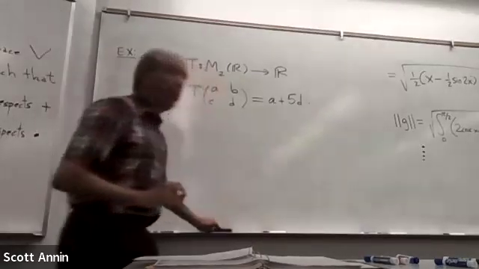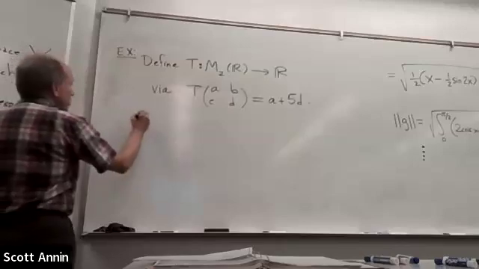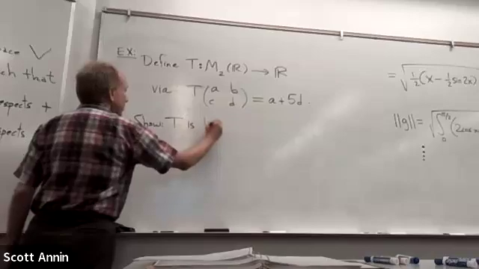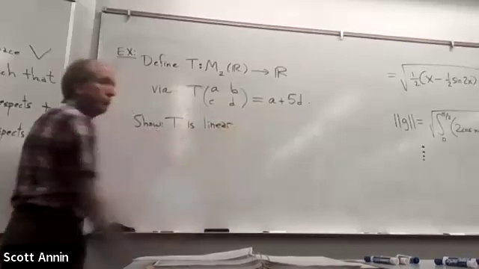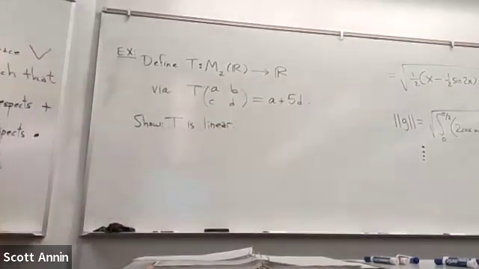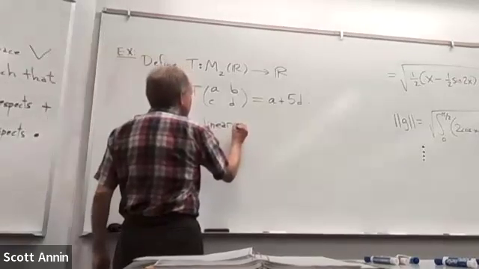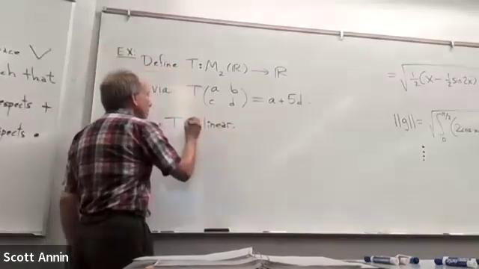And so what I could ask you here is to show that T is linear. When I say linear, that just means linear transformation. So if I say show that T is linear, I just mean show that it is a linear transformation. You'll see me abbreviate it like that quite often.